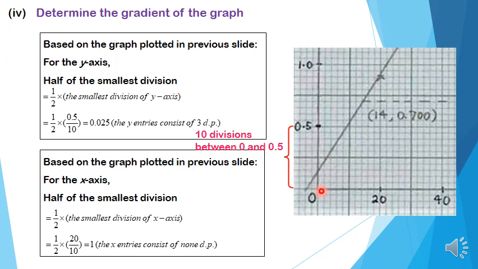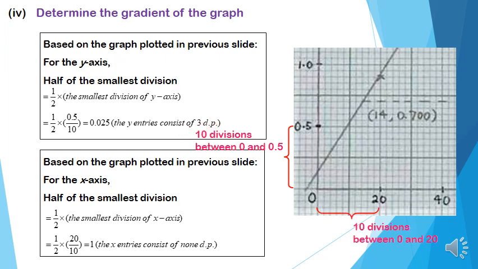And we can estimate until half of the division. Then we take 0.05 divided by 2 and it gives 0.025. This means that the values of y2 and y1 that we substitute into the formula of gradient m must consist of 3 decimal places.